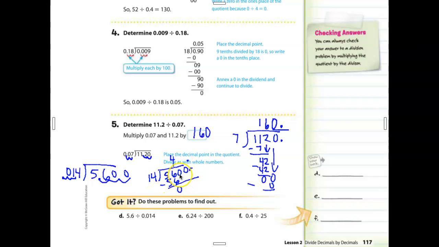But that's not our answer because our decimal point is way over here now. There are still 2 places here. So we have to actually annex those 2 zeros. 400 times 14 is the same as 5,600. So your answer should have been 400.